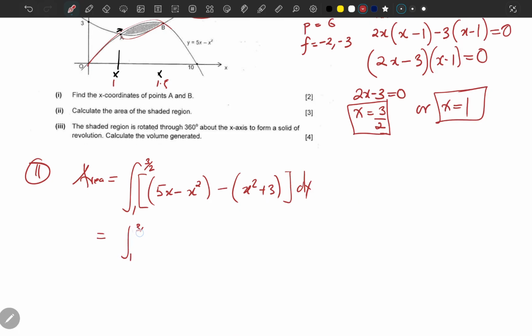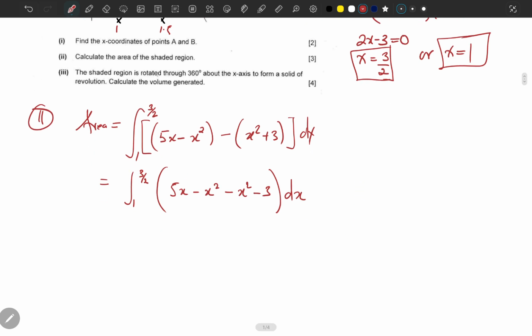Right, so you can now evaluate that. So from 1 to 3/2, this is 5x minus x squared minus x squared minus 3. Expand there. Then your job is now to integrate. Can you fail to integrate this? Before I even integrate, let me first rewrite this into standard form.